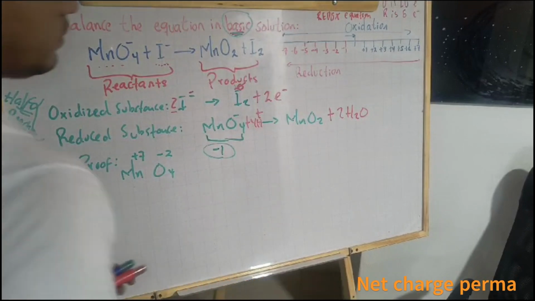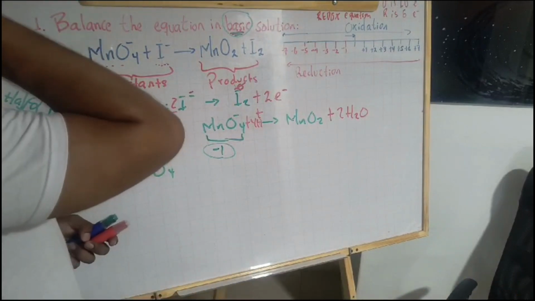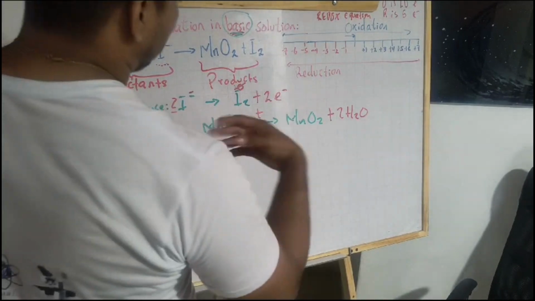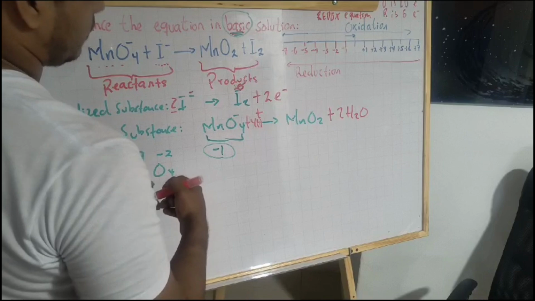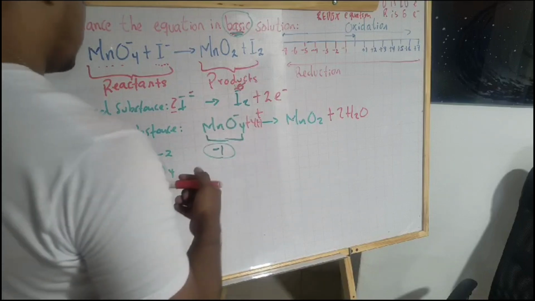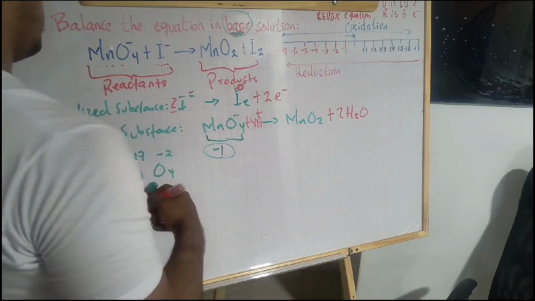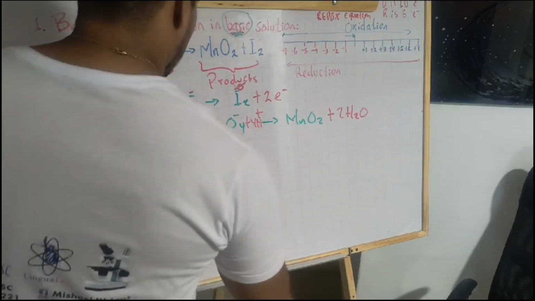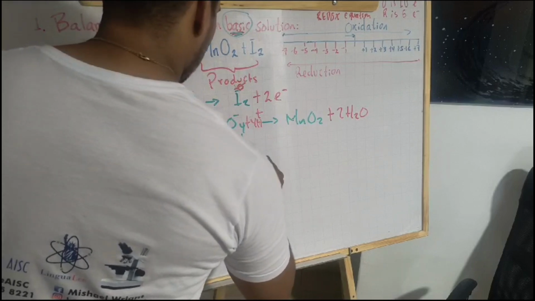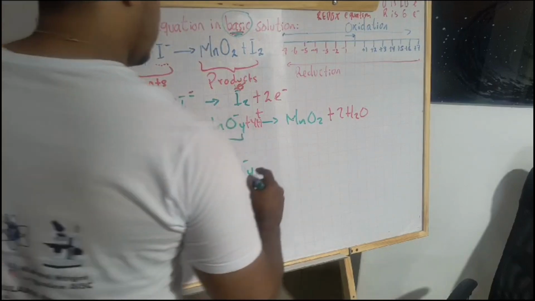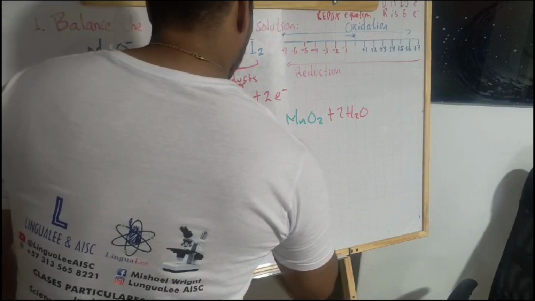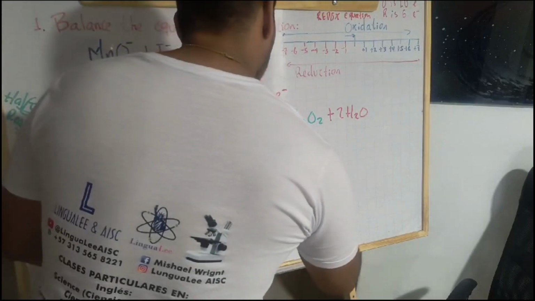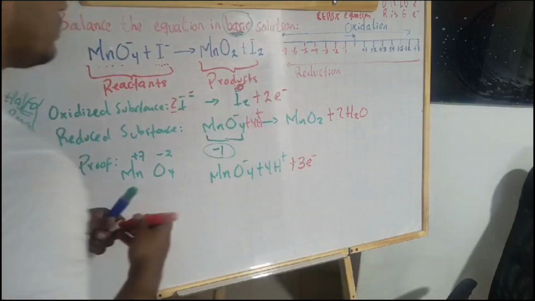Alright, so having known that, I would say that -1 plus 4 hydrogen ions is going to be 3 positive charges. So to compensate that, the permanganate ion and the 4 hydrogen ions will need to be compensated by 3 electrons.